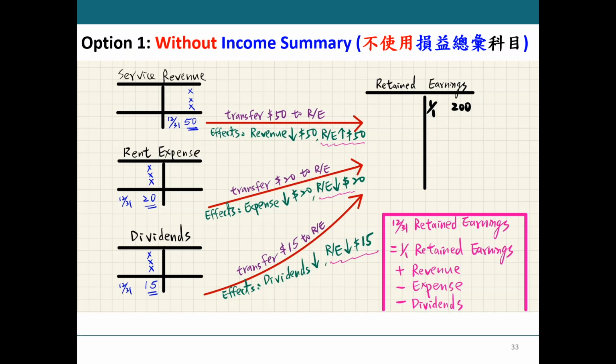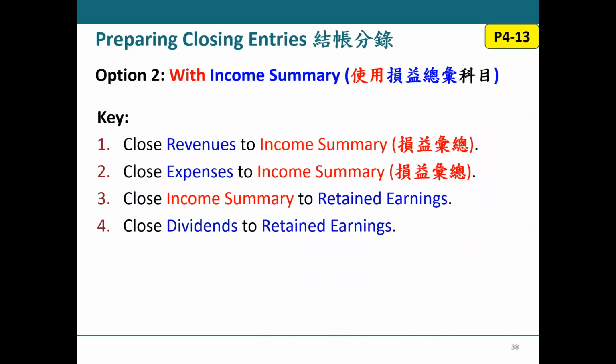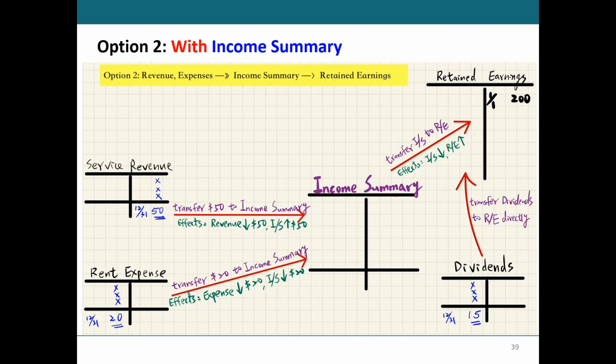But here I tell you from the textbook, sometimes you have another option. What's the other option? Another option is we use a new account, which is income summary, 损益汇总, on your slide 39. So you could use another way. This is the second option.